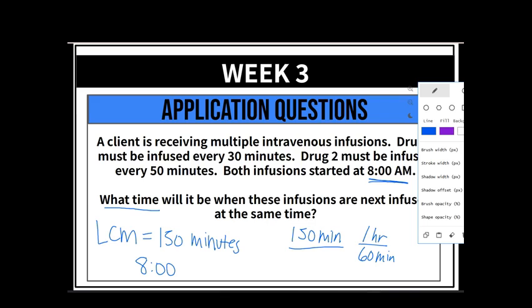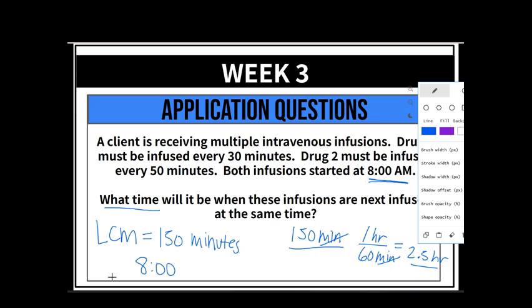So we can do a little conversion here. 150 divided by 60. These units will cancel out, and that gives us 2.5 hours. So 2.5 hours past 8 a.m. is when both the drugs will be infused.